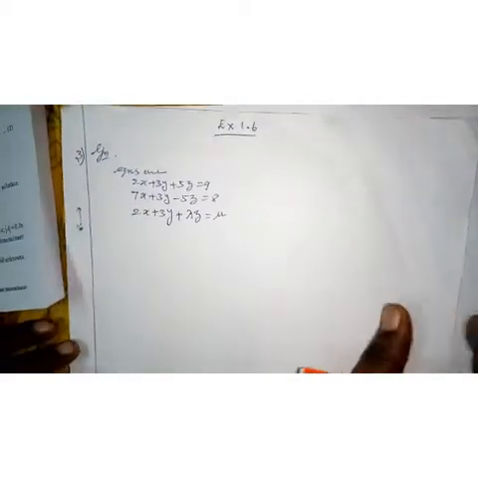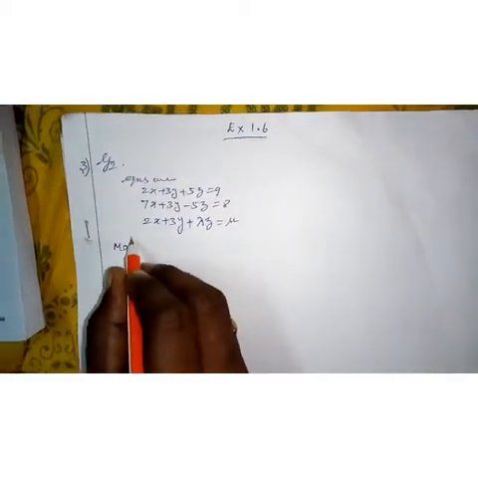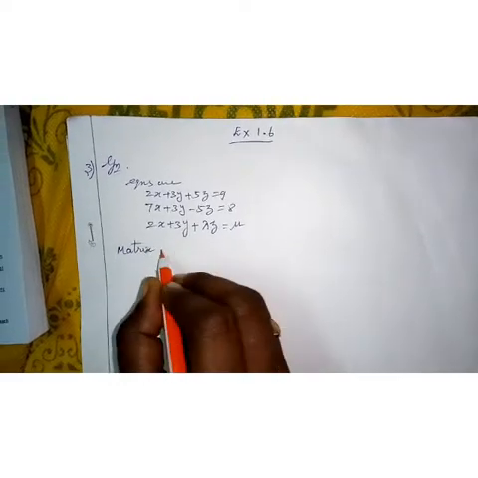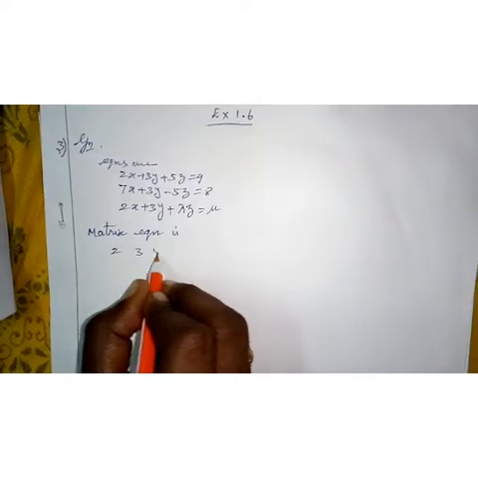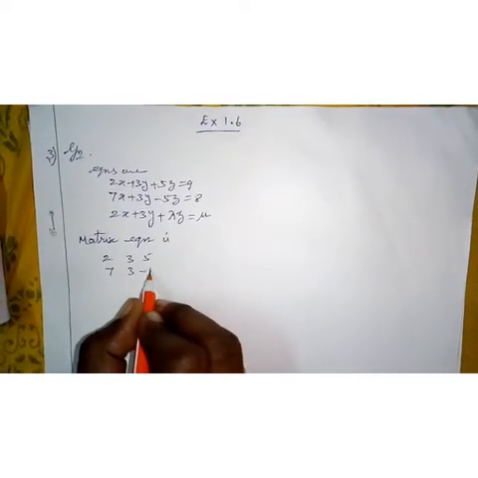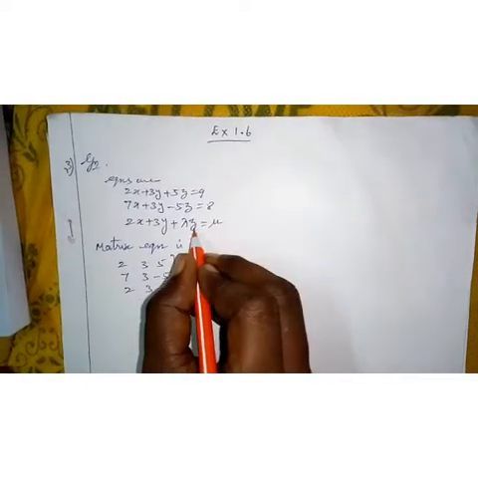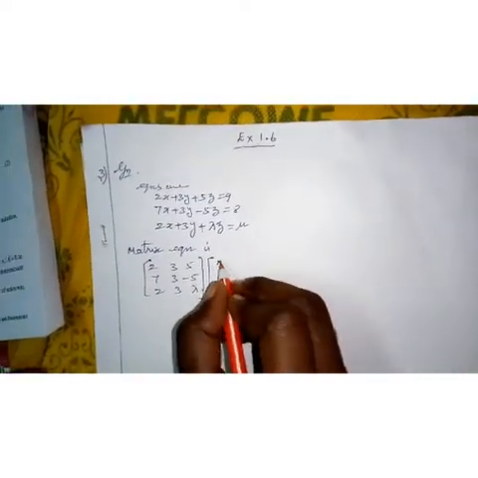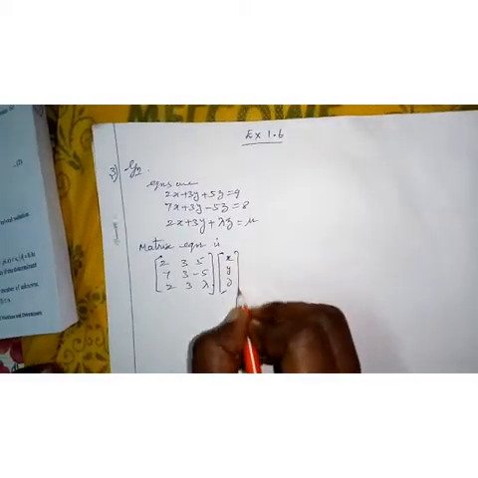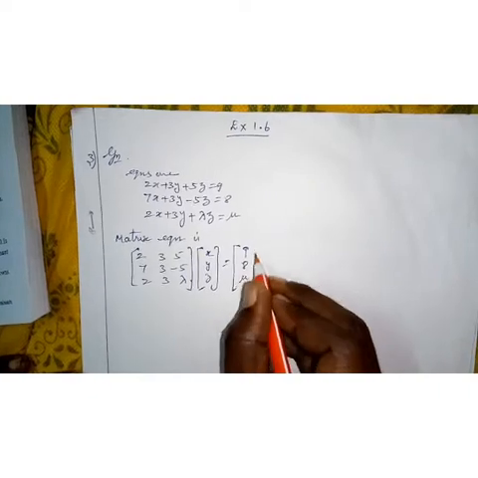Then, as usual, how do we write after the equations? The matrix equation is [2, 3, 5; 7, 3, -5; 2, 3, lambda], the coefficient of z is lambda, times x, y, z, equal to the constants 9, 8, and the last one is mu.